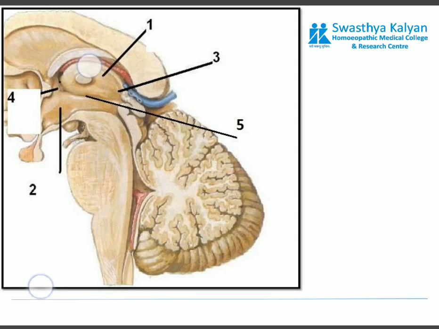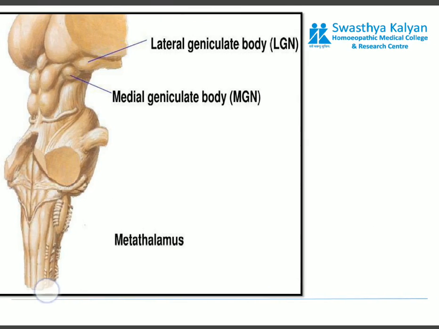This is the dorsal part, and it consists of the thalamus, the epithalamus with the pineal body and the habenula, and also the metathalamus. These are the lateral and medial geniculate bodies. They hang from the pulvinar of the thalamus in the posterior portion, and they are part of the metathalamus.